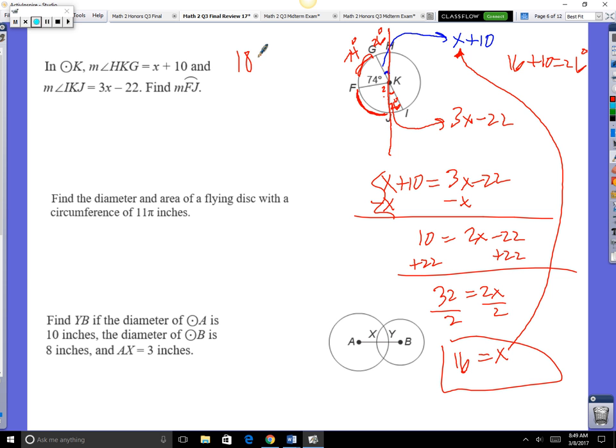So if I take the 180 and I subtract the 74 and I subtract the 26, whatever's left over, that's how much that arc has to be. So 180 minus 74 minus 26 is going to be 80. So that's 80 degrees. And that is 80 degrees.